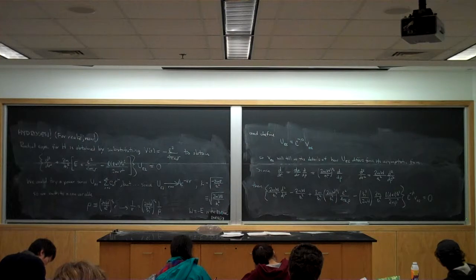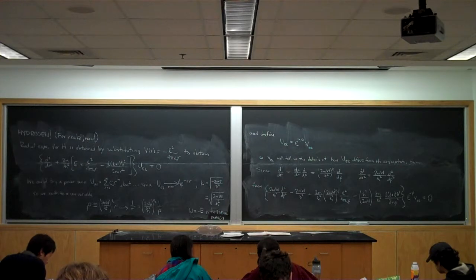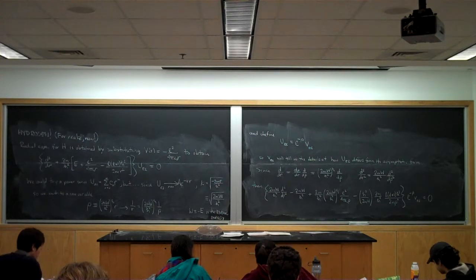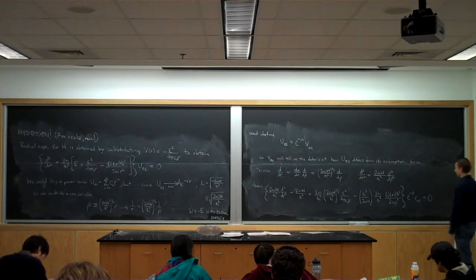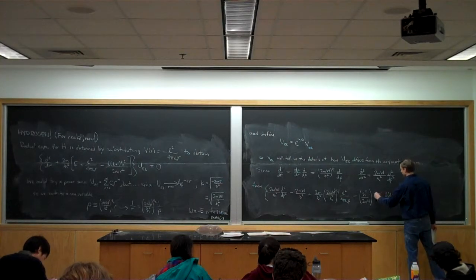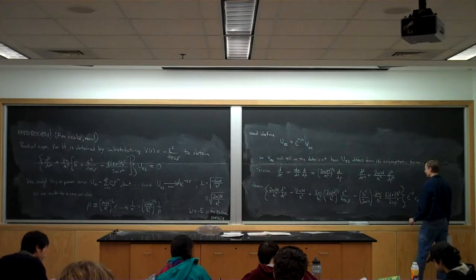So I've substituted e to the minus rho V_EL for U_EL over there, and then I've substituted for the derivatives and for the r's in terms of the rhos. And then we get some canceling. That 2m cancels that 2m.